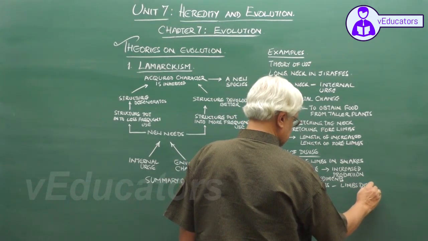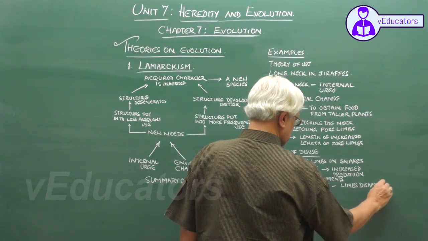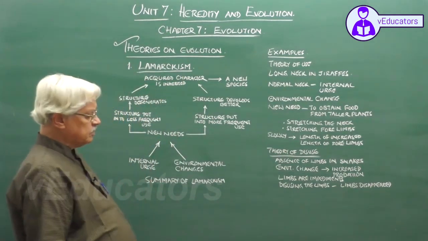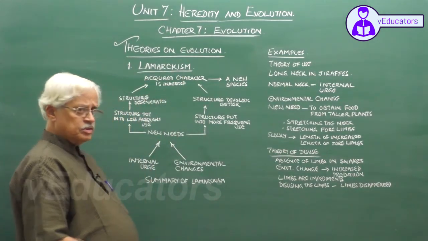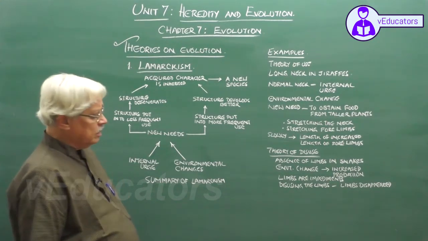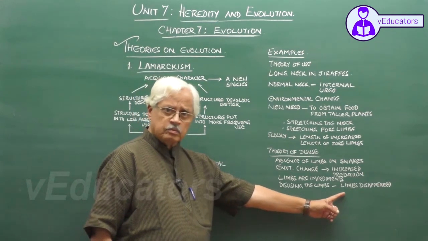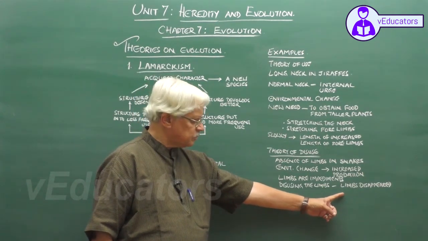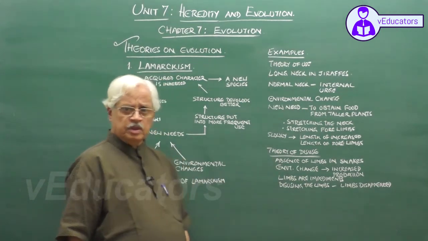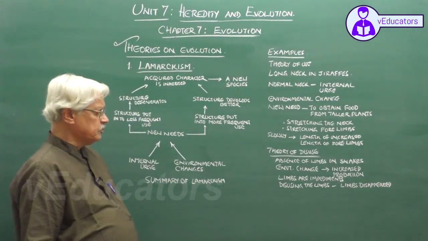So this character of disusing the limbs continued generation after generation, and finally there were snakes without limbs. So this is the example he gives for the theory of disuse.